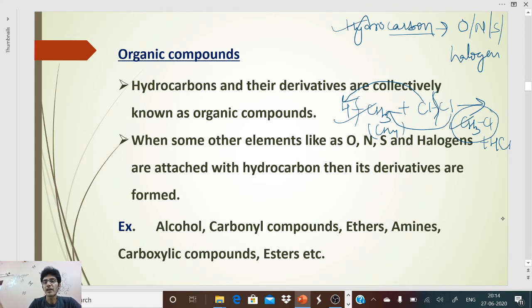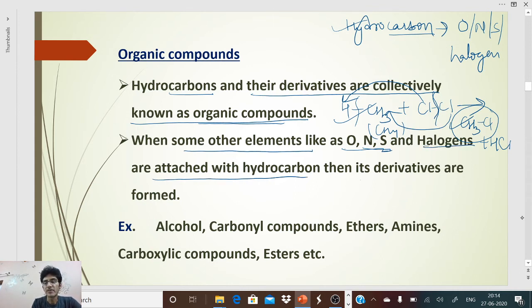So hydrocarbons and their derivatives are collectively known as the organic compound. It means when some other elements like oxygen, nitrogen, sulfur and halogen are attached with the hydrocarbon, then its derivatives are formed.